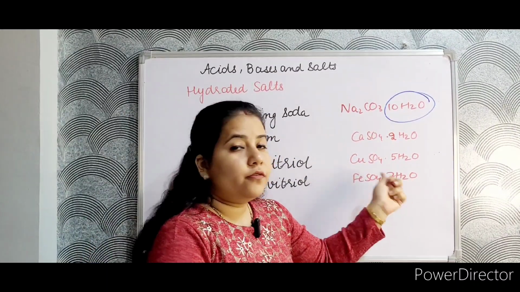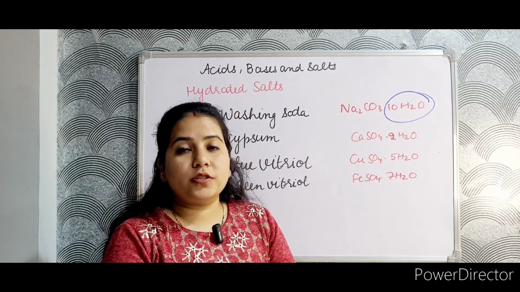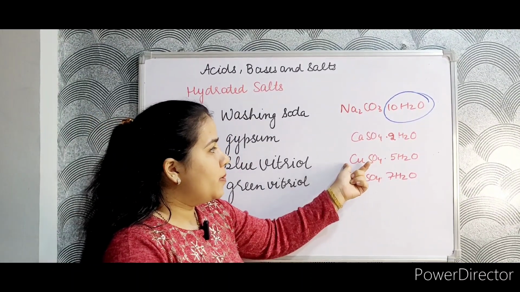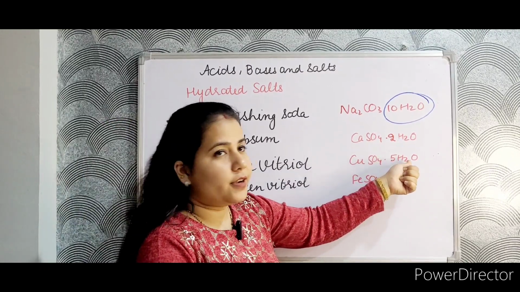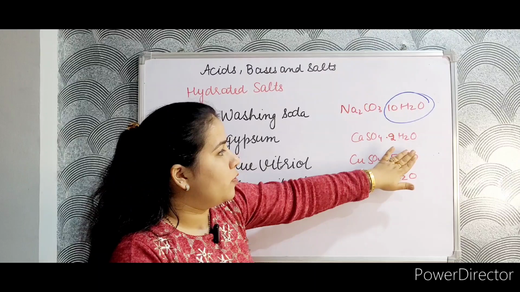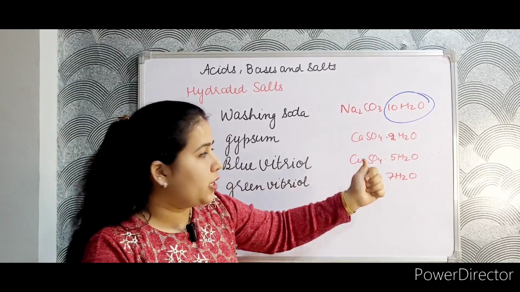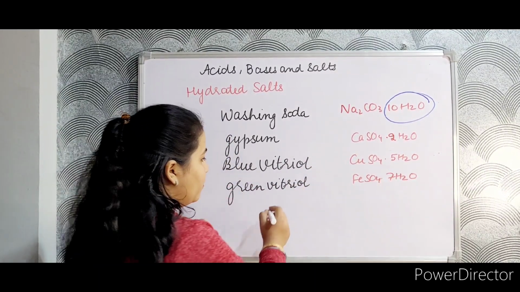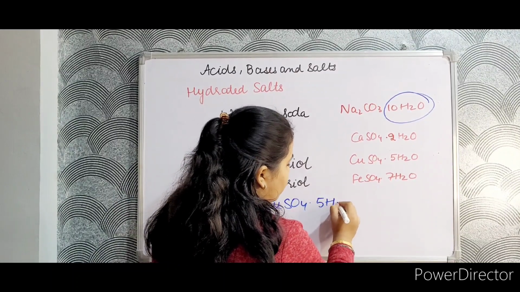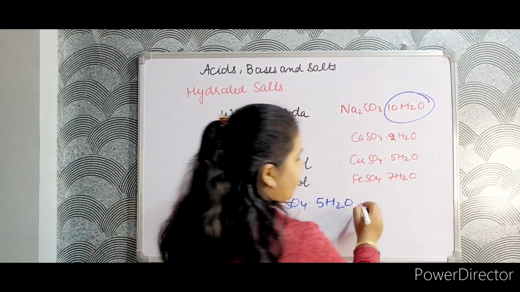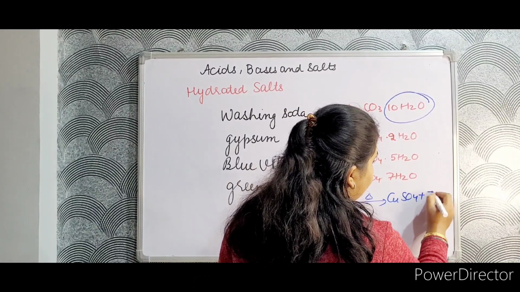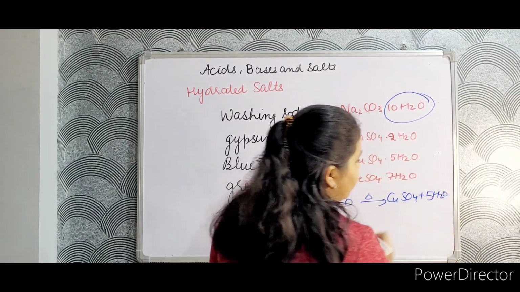Now this water of crystallization is responsible for the color of some salts also, like copper sulfate pentahydrate, CuSO4.5H2O. It has a blue color. If the water of crystallization is removed, it becomes colorless. The reaction involved here is CuSO4.5H2O, when heated, converts into CuSO4 plus 5H2O.